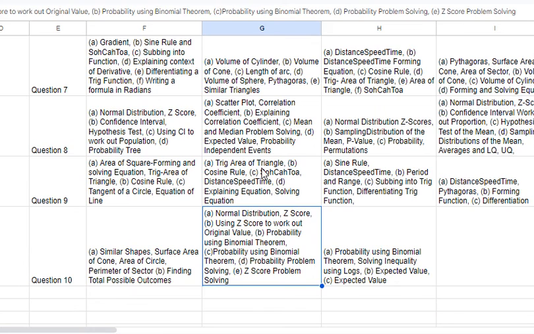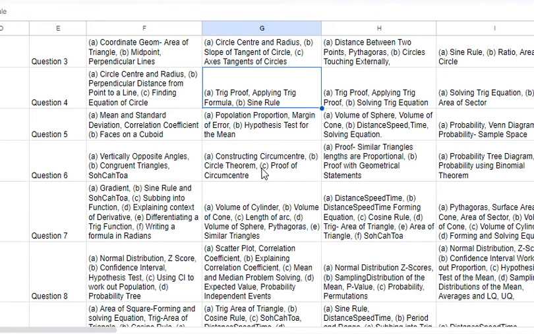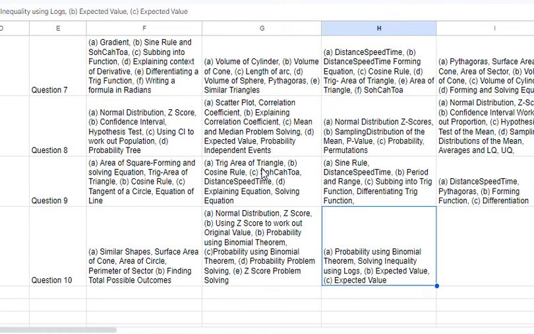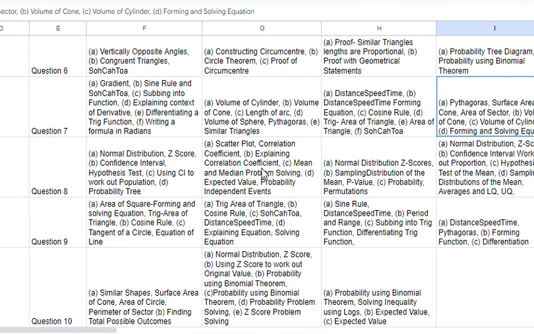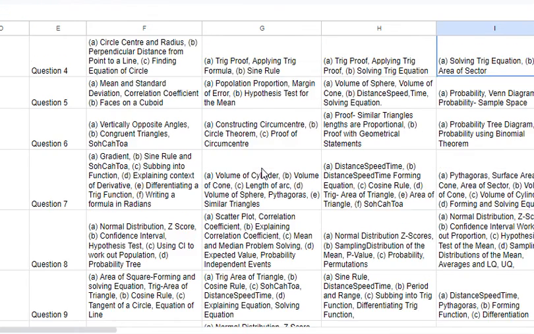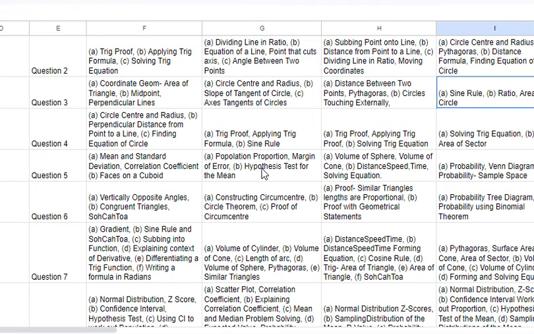So it came up in question 4 in 2022, so for part B, the last part of it, and then in 2021, it comes up as part A there in question 9, and I'm not sure about 2020. So it comes up in question 3 there in part A of it as well in 2020. So all 4 years, sine rule has come up.